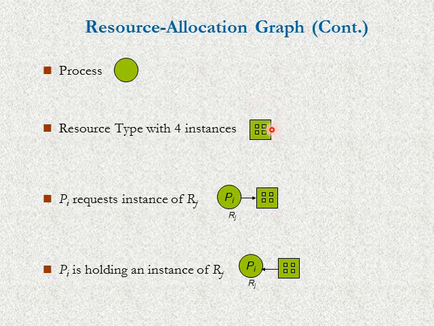So for this rectangle with 4 dots, we have 4 instances of this resource type. Here we have the first type of edge that moves from a process to a resource, and it is a request edge. And over here we have an assignment edge, where this edge moves from a resource to a process.